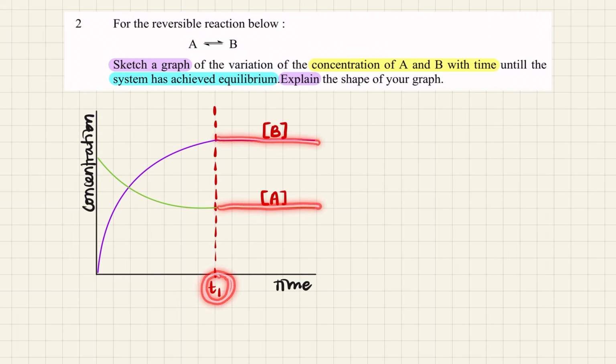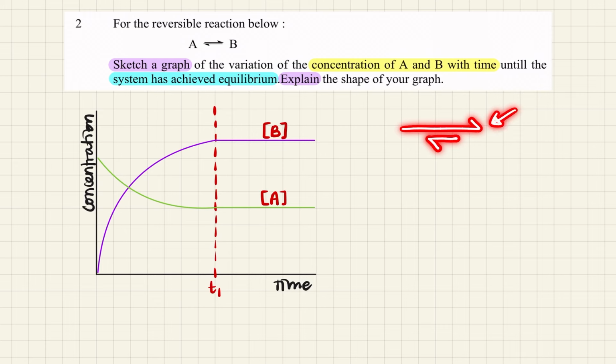Okay, this straight line, maksudnya constant. And then as the reaction proceeds, the rate of forward reaction, okay, yang awalnya lebih besar daripada reverse reaction, will decrease supaya dia jadi size macam ni. And then the rate of reverse reaction will increase, so dia pun akan sama besar.